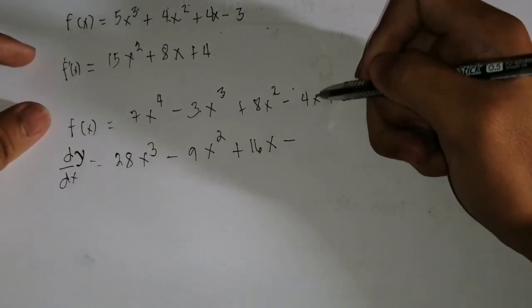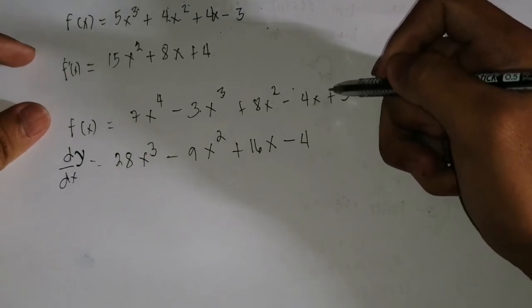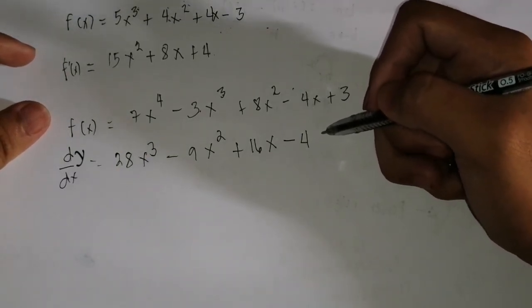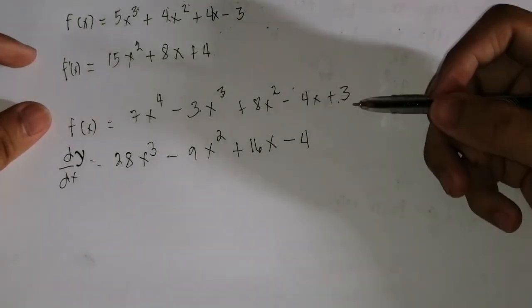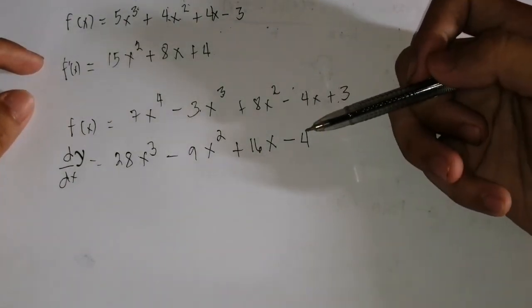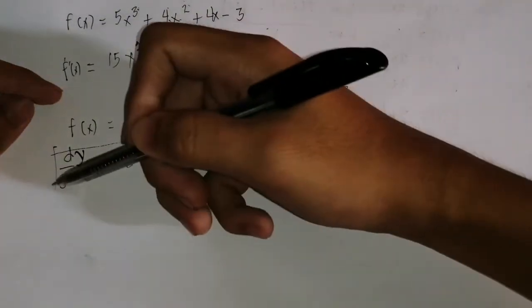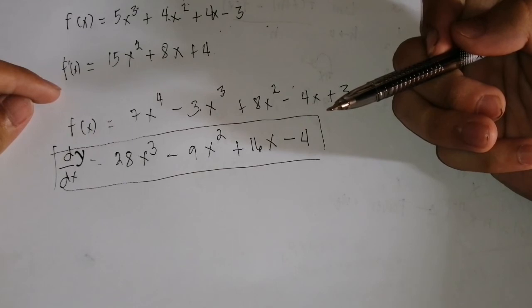Minus 1 times 4 is 4, then since 1 minus 1 is 0, it becomes just 4, because 4 times 1 is 4, plus the constant. Therefore, the derivative of 7x raised to 4 minus 3x cubed plus 8x squared minus 4x plus 3 is 28x cubed minus 9x squared plus 16x minus 4.